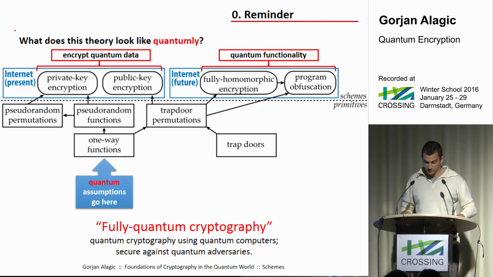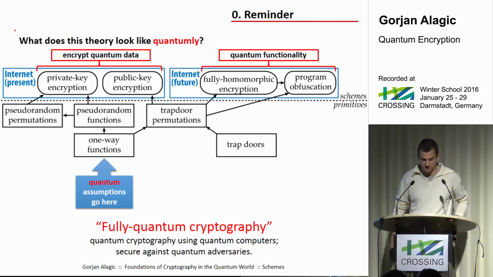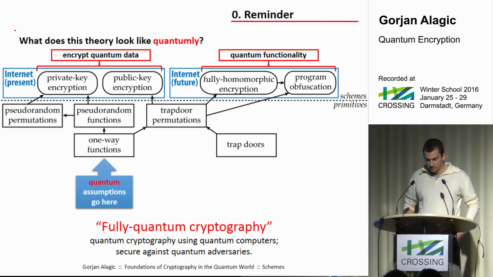So here's the general picture again. We have this foundation of primitives, starting with one-way functions based on some quantum assumption, so some assumption about the difficulty of quantumly inverting some function, and then from there we prove the security of various other primitives like pseudo-random generators, pseudo-random functions, and then on top of this foundation we build some schemes.